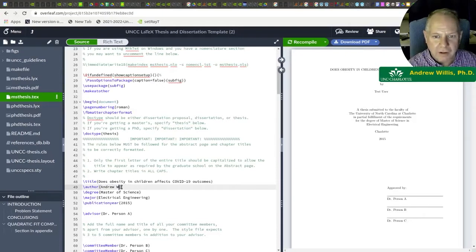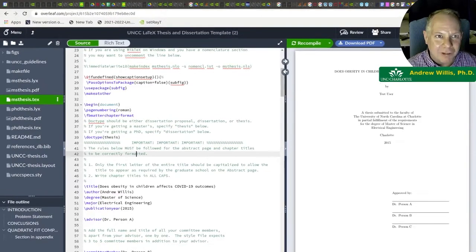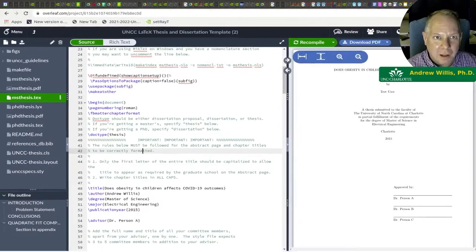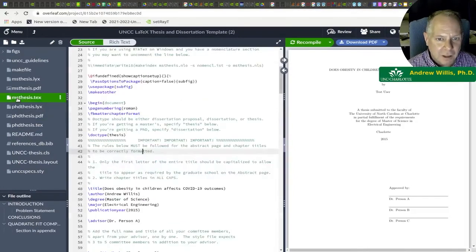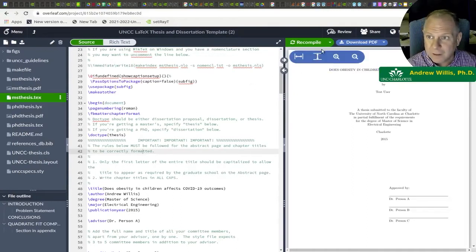Oh yeah, on the left, someone is very astutely, Tasha, thank you, pointing out that I'm actually operating on a master's thesis. So there's a master's thesis.txt and a PhD thesis.txt. And if I were doing a master's thesis, maybe doing this would be appropriate. So I can see that my title has been specified here. And if I press recompile, the author will change to Andrew Willis.